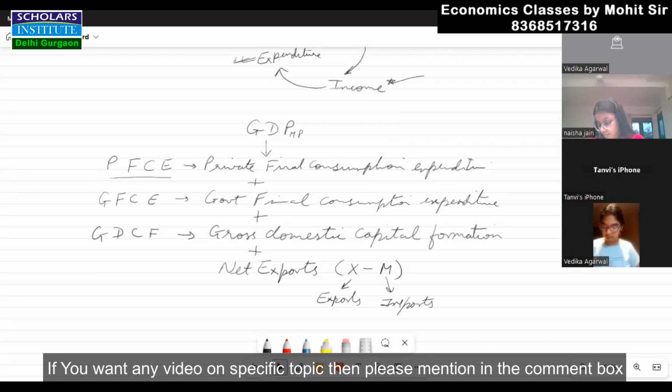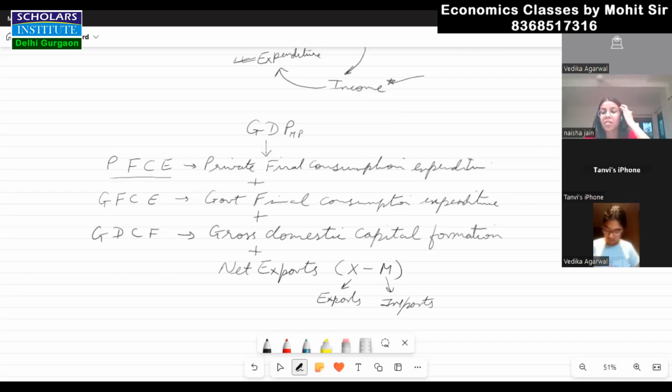So whatever government is buying for giving its services to the citizens, the expenditure done by the government on those things will be covered under government final consumption expenditure. For private final consumption expenditure, I must add that it will also include the expenditure done by the firms for buying various goods and services.